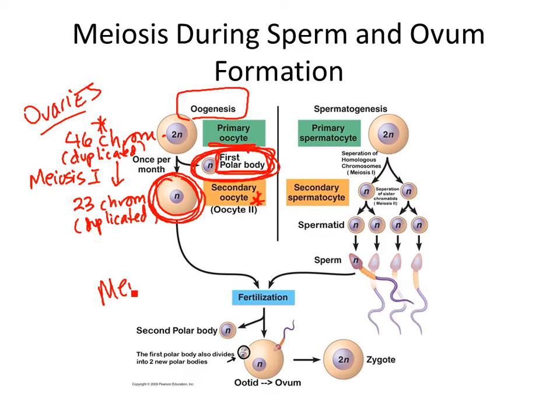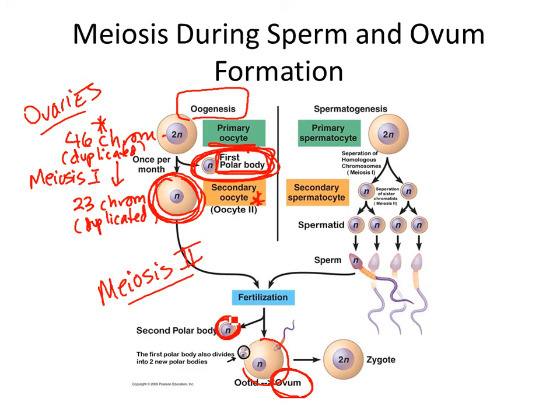Meiosis II, again, is the process where these duplicated 23 chromosomes have to be split up among daughter cells. So the secondary oocyte will undergo meiosis II, and that's going to very briefly generate the mature egg cell that's called an ovum. The other daughter cell from meiosis II is going to become another polar body that you see here.